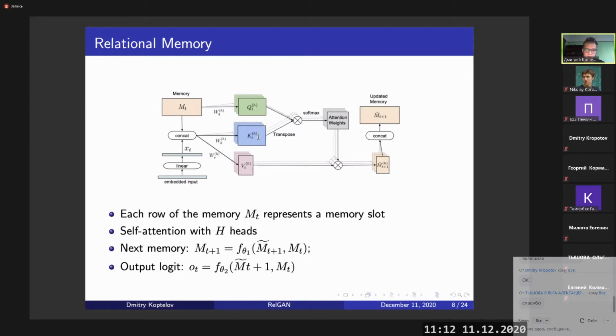Using this memory matrix and the embedded input, we get queries, keys, and values for self-attention with h heads, and after self-attention we get a new updated memory. Using this updated memory and the current memory matrix, we can get the next-step memory matrix and the output by using two functions.